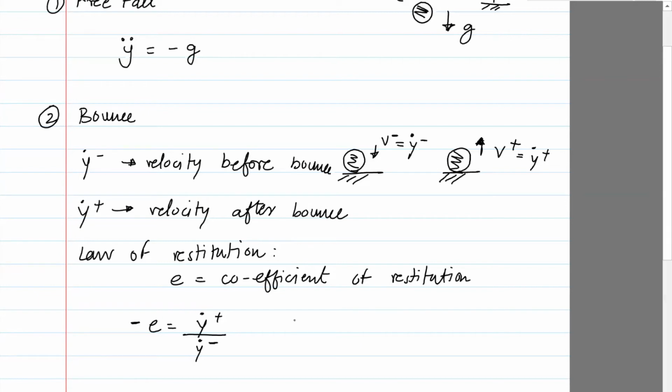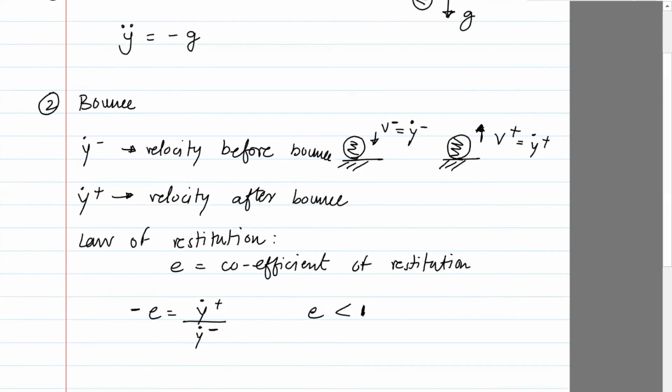We know from experience that E is always less than 1, because if you drop a ball, it will not bounce back higher than where you dropped it from. If E is 0, which means y dot positive is 0, the velocity after bounce is 0, which means the ball has stuck to the ground. So that's a purely plastic collision.